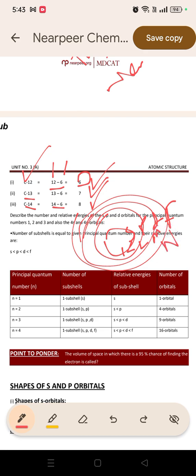From the nearest to the nucleus, it's s, then p, then d, then f, and we have the principal quantum numbers.